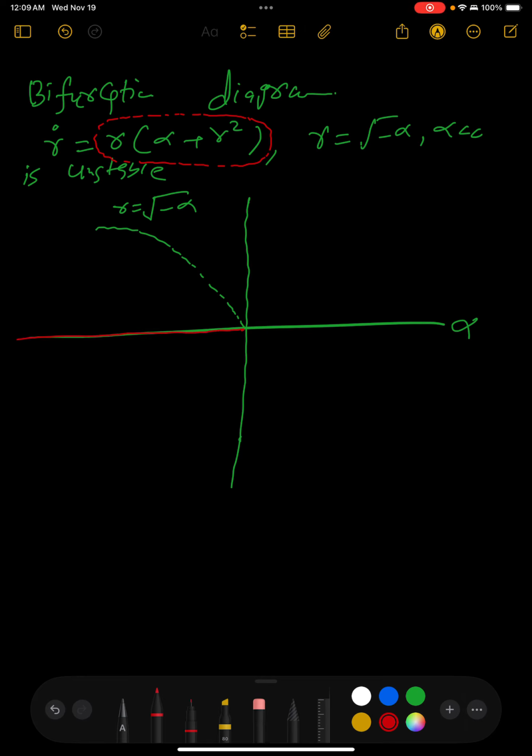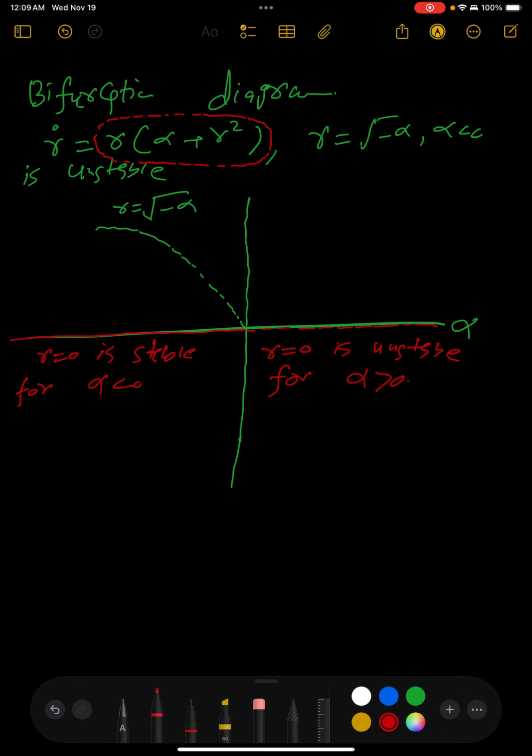So r equal to 0 is stable for alpha less than 0. Now on the positive alpha axis r is also 0, but the non-linear part of that is 0. So if alpha is positive, r equal to 0 will become unstable. Unstable means we represent it by a dashed line. So r equal to 0 is unstable for alpha greater than 0.